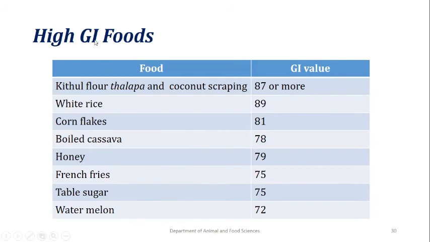The most negative aspect of high GI food is that it will increase the blood sugar level highly within a short period of time, and it leads to fluctuation of the insulin levels and the blood sugar levels heavily. Okay, so that is the basic difference between high GI foods and low GI foods.